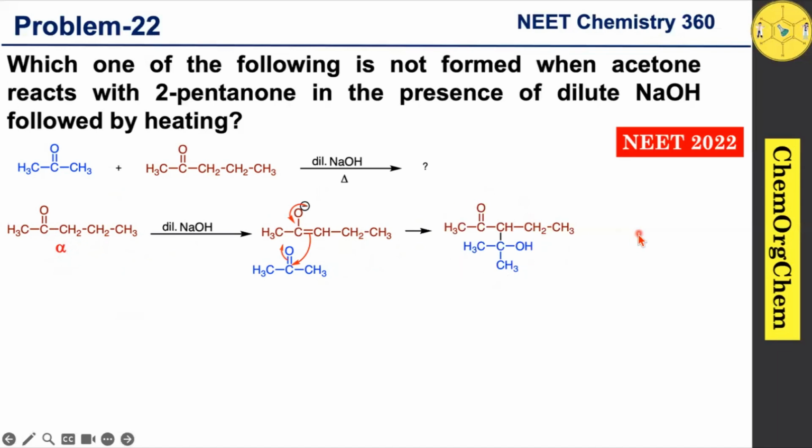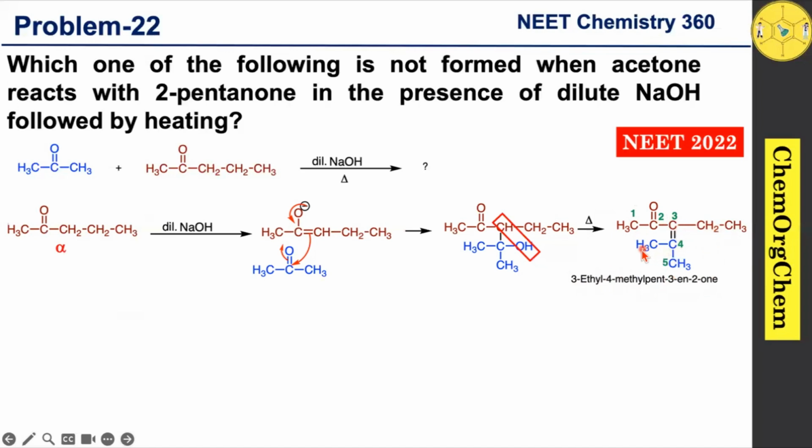When we heat this reaction, one water molecule is eliminated to produce this alpha beta unsaturated compound. The name of the compound is 3-ethyl-4-methyl pent-3-en-2-one. This is a 5 carbon chain. The third carbon has an ethyl group.